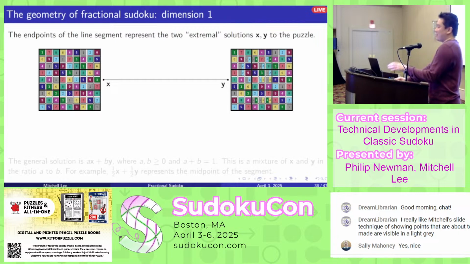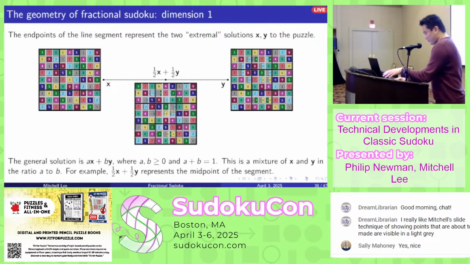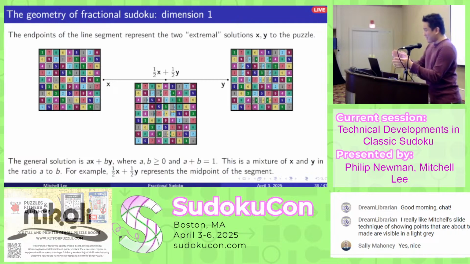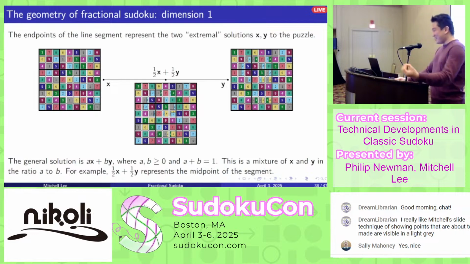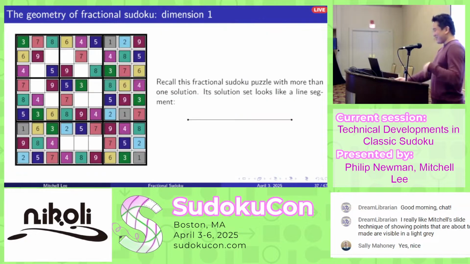And every other point on the line segment represents some kind of mixture of those two extremal solutions. So that's what I mean when I say the set of all solutions to this puzzle is a line segment. And we say that this puzzle has fractional dimension 1 because the dimension of its solution set as a fractional Sudoku puzzle is 1.